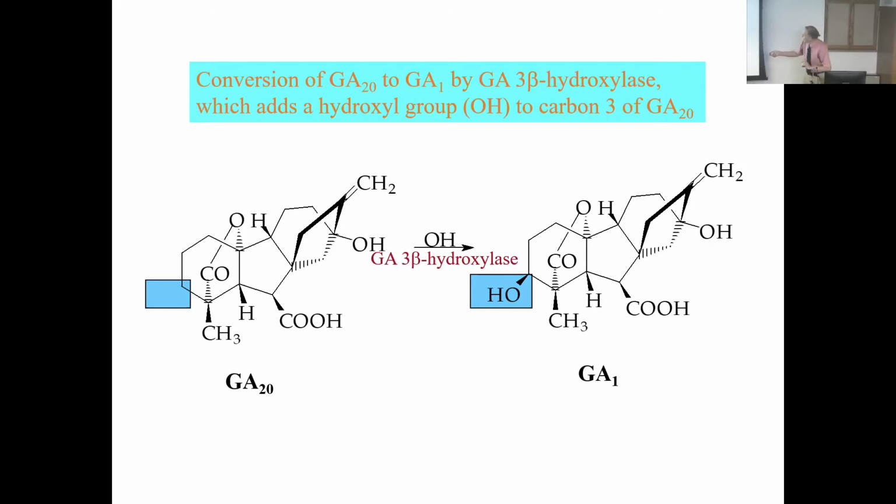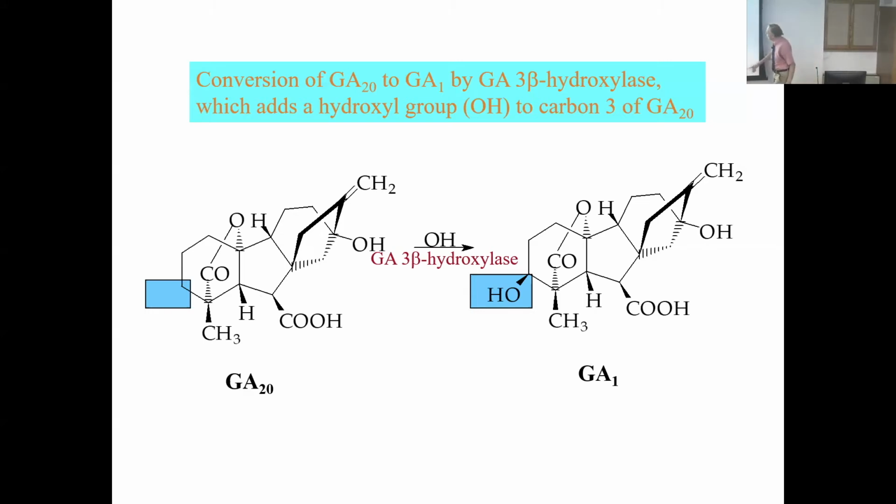GA20 here is inactive in growth. It doesn't have any effect on growth. GA1 is the growth active gibberellin. And there is an enzyme that puts on this hydroxyl group, and it's called GA3 beta hydroxylase, or more recently, they've just renamed it GA3 oxidase.